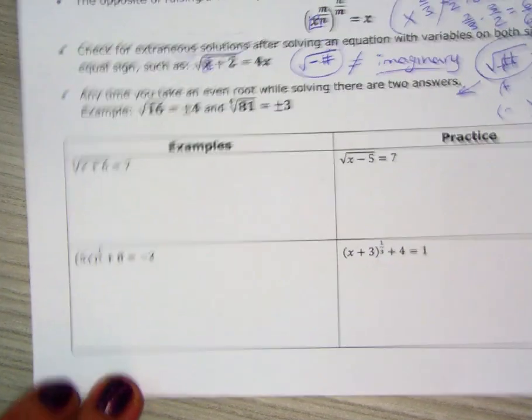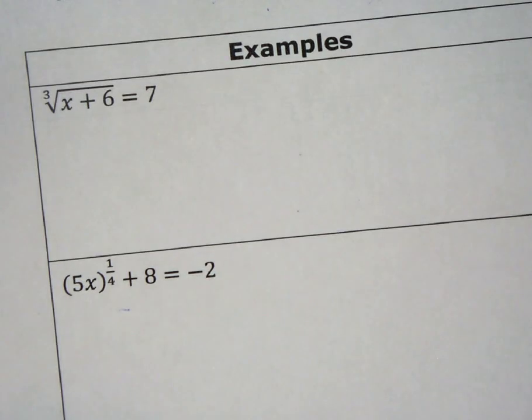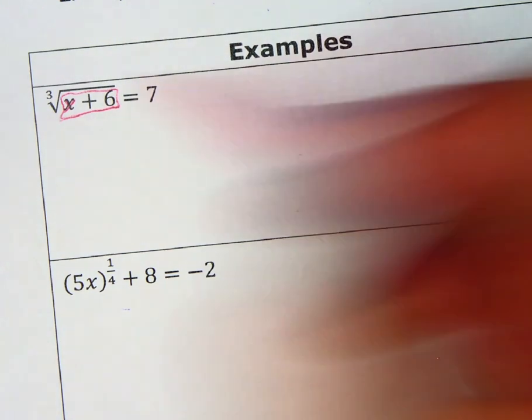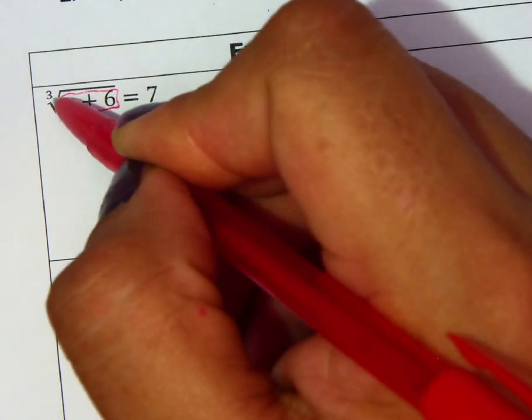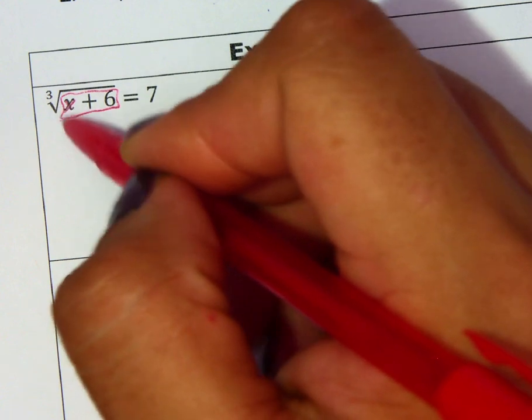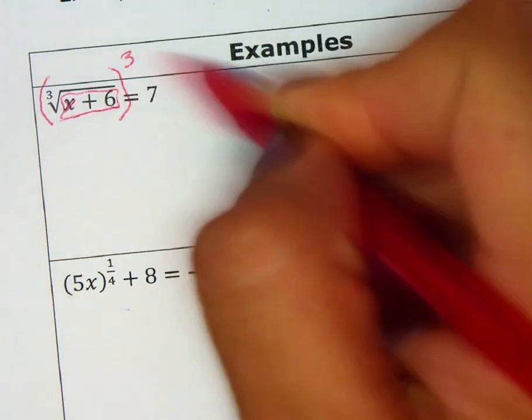All right, so the first example we have here is the cube root of x plus 6 equals 7. In order for us to solve for x, we need to understand this x is inside the radical, so we can't touch it yet until we get rid of the radical. It is the third root, cube root, so we need to get rid of the root by raising it to the power of the root.